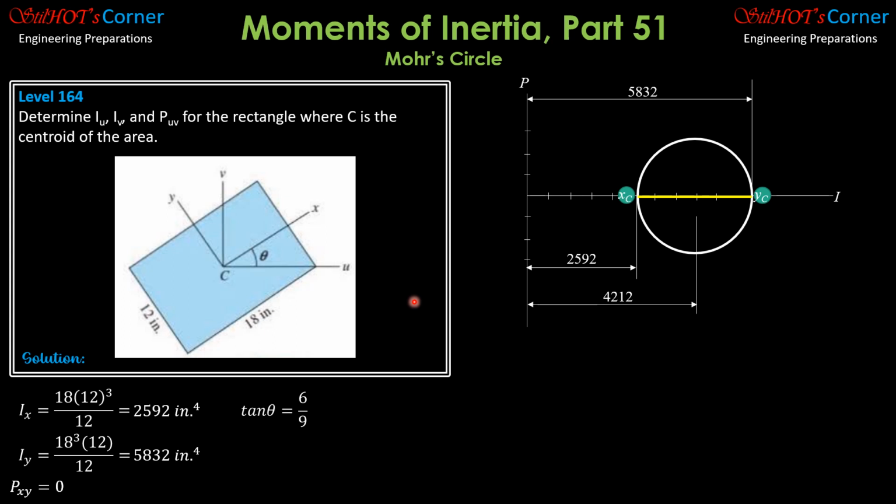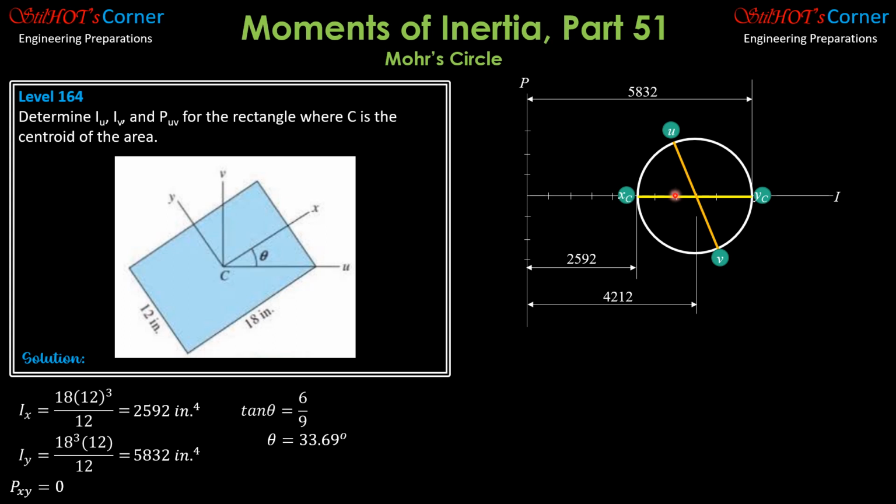So take note that to locate the u-axis, we rotate from the x sub c axis clockwise by 2 times this angle. So theta is 33.69 degrees. And since this is the x-axis, we rotate clockwise 2 times 33.69. So we can locate the centroidal u-axis, which is here, and this is the opposite, the centroidal v-axis.